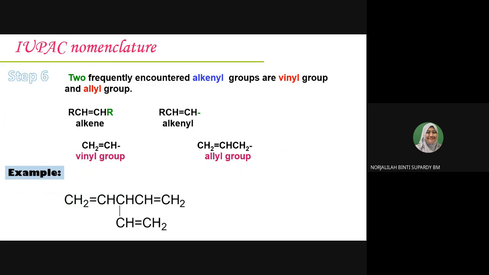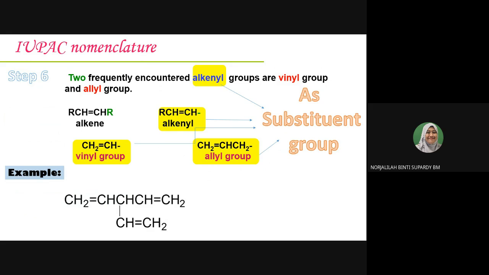For example, we have the parent of 1, 2, 3, 4, 5, 6, 6 carbon atoms, and the substituent is at carbon number 3.